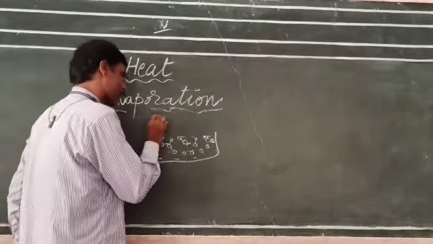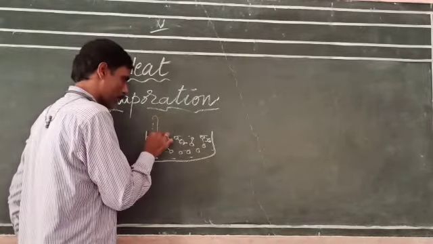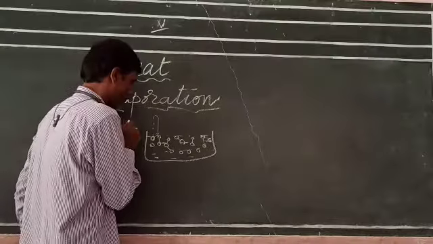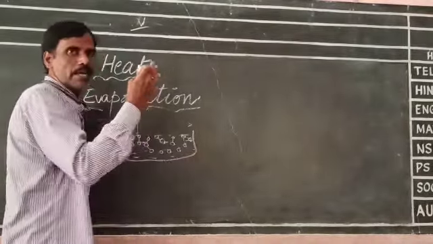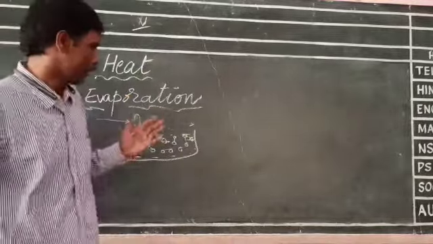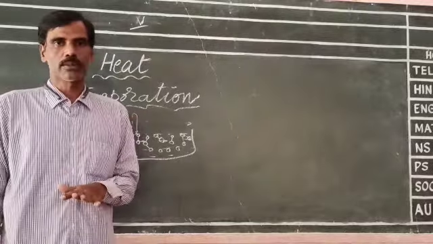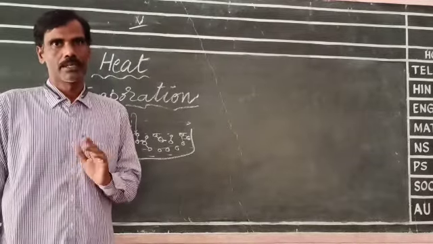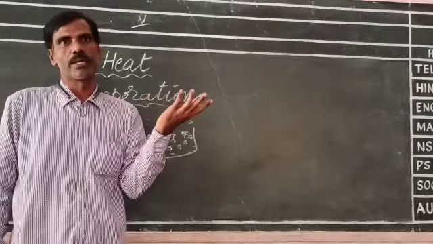Some of the molecules come back to the liquid, but some, because of the wind flow, will move away from the vicinity of the liquid. In that case, the amount of particles coming back to the liquid is lesser than the particles moving away from the vicinity of the liquid.